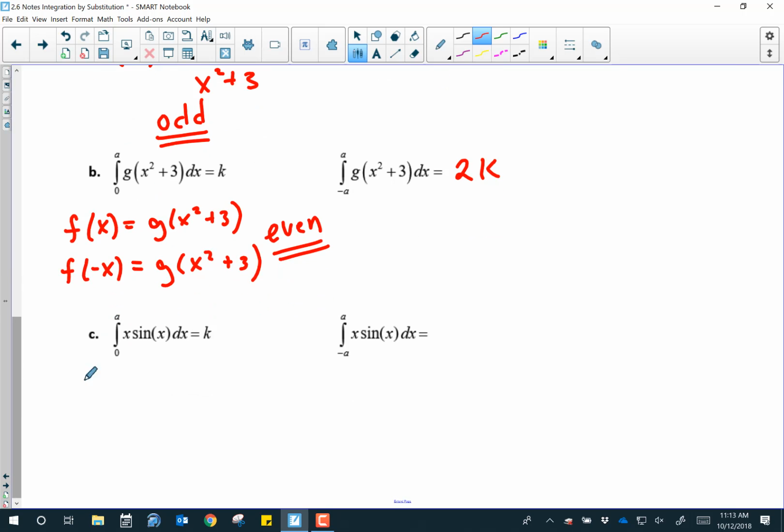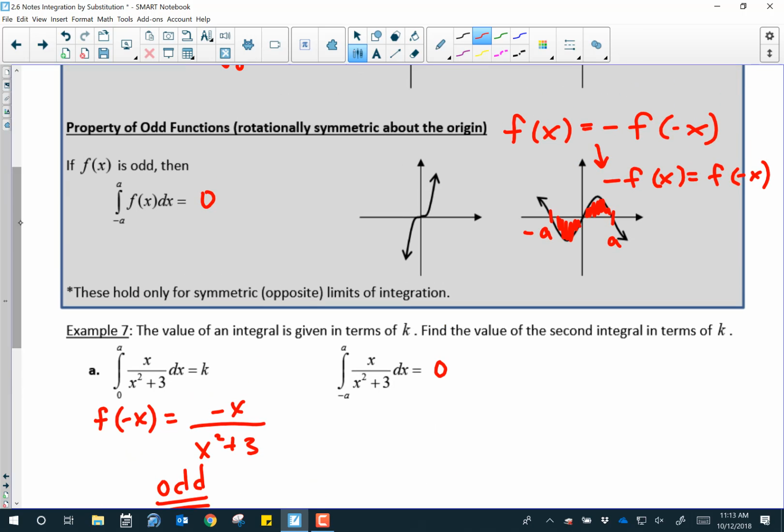Let's determine whether this is odd or even. If I replace x with negative x, we get negative x times sine of negative x. Think about the sine function: is sine odd or even? It's odd.